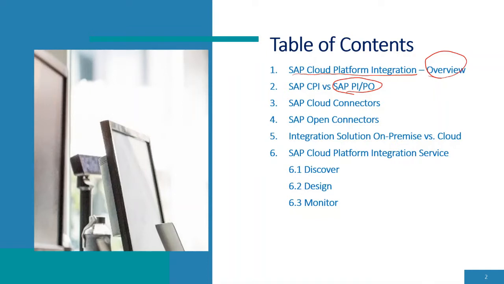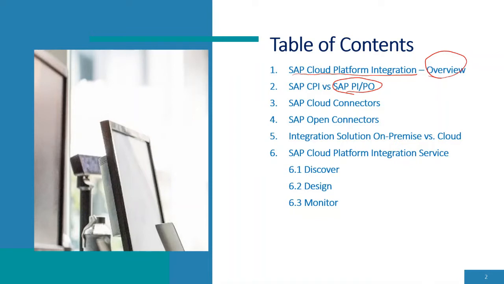But this training is completely focused on SAP CPI, Cloud Platform Integration, now called Cloud Integration, which comes under Integration Suite. Just remember HCI, the very first version SAP released, was HANA Cloud Integration.